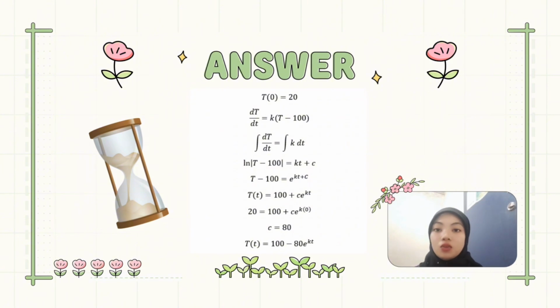Simplifying, 20 equals 100 plus C. Next, we solve for C. We get C equals 20 minus 100, which is minus 80. So for the final equation for temperature, we substitute C equals minus 80 back into the equation, and we get T equals 100 minus 80 e to the power of kt.